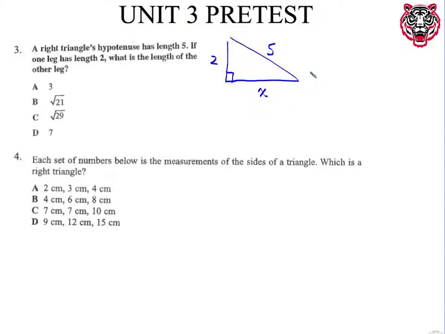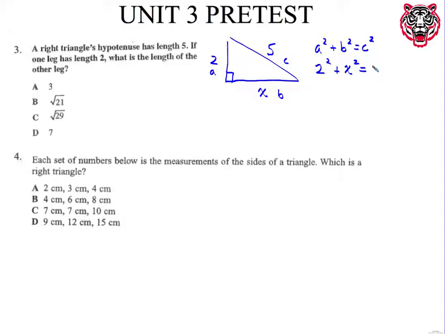All right, so from here, set up our Pythagorean theorem. A squared plus b squared is equal to c squared. We know our a. I'm going to say that this is our a, this is our b, this is our c. Therefore, a is going to be 2 squared plus, we don't know our x squared.